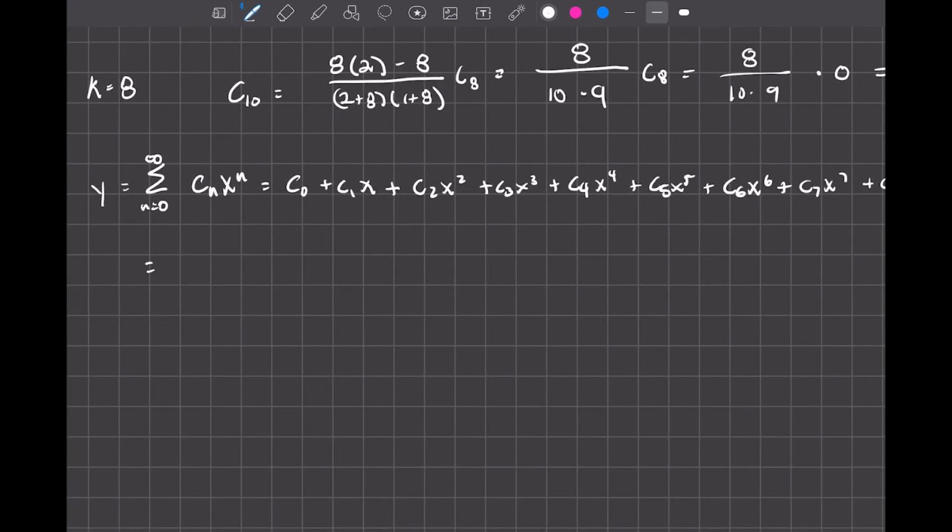So right here, we could start plugging in our values, or what we substituted into, so our C2, C3, C4s.